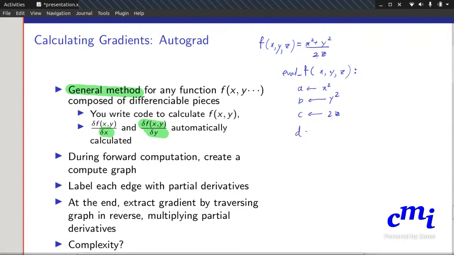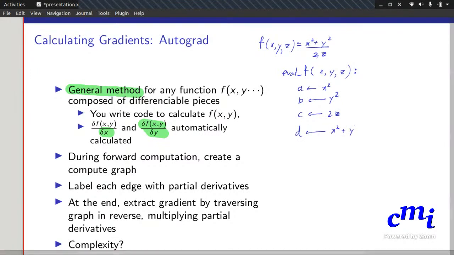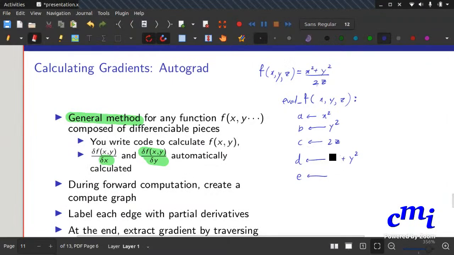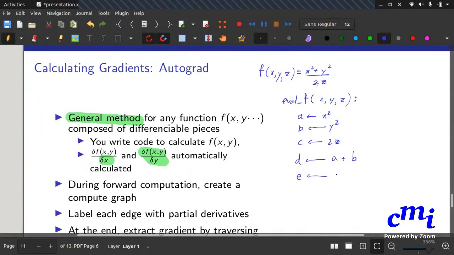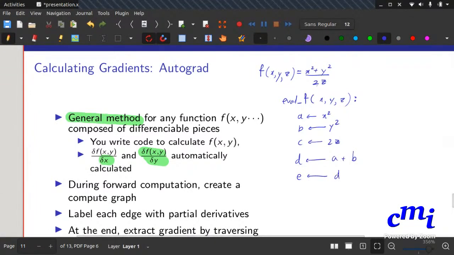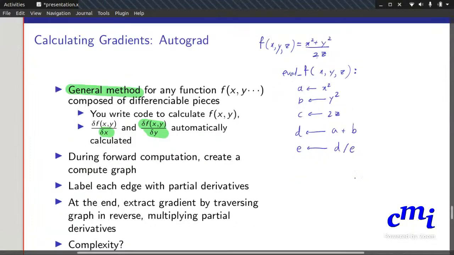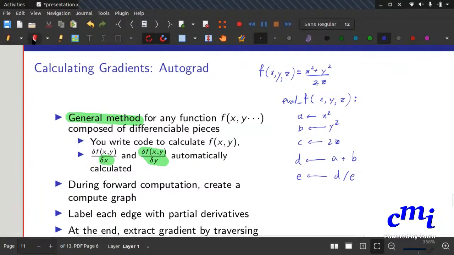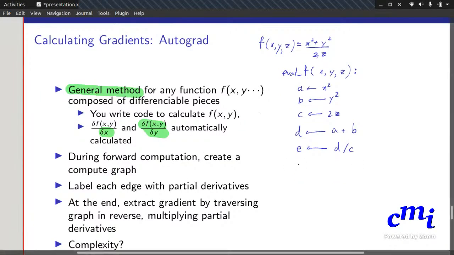Then d is not x square plus y square, so we can say d is a plus b, and then e is going to be d by c. And then you return e. So this would calculate the value of this function for you.